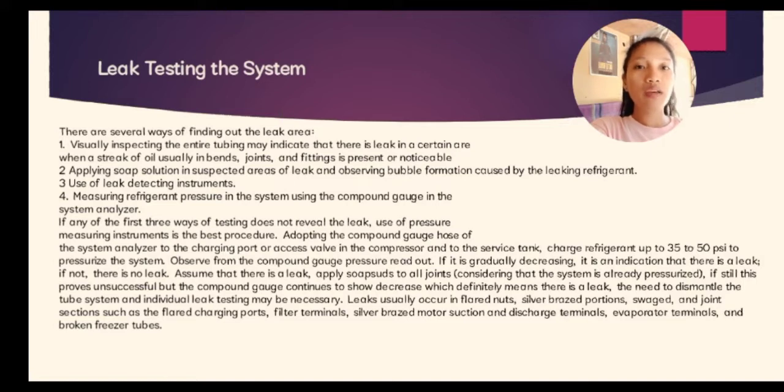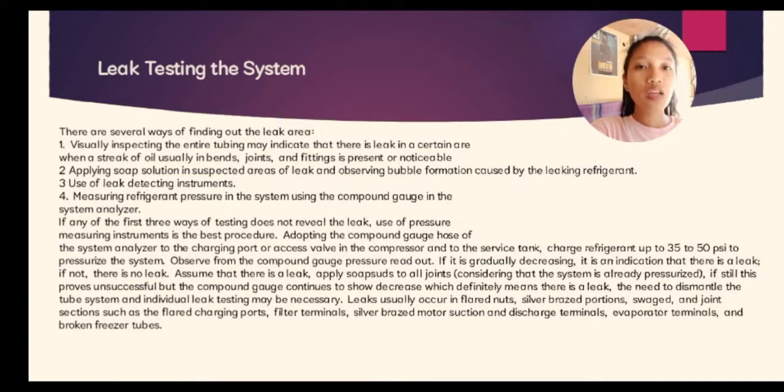Second, applying soap solution to a suspected area of leak and observing bubble formation caused by leaking refrigerant. Third, use of a leak detecting instrument. Fourth, measuring refrigerant pressure in the system using the compound gauge in the system analyzer.